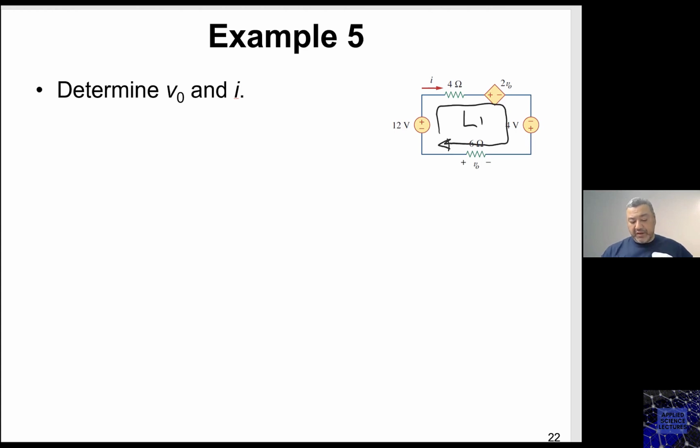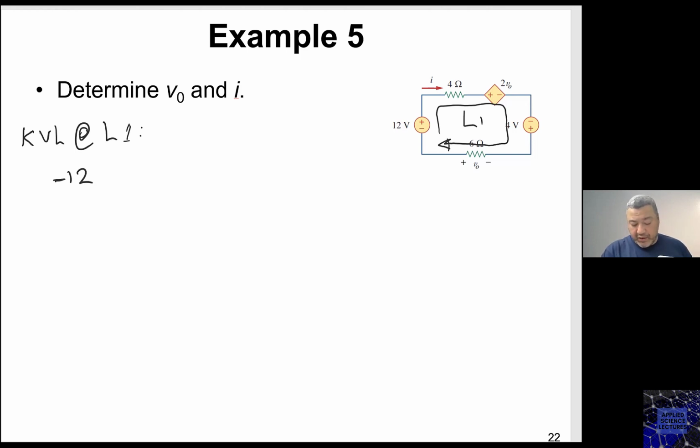So if I take my L1 to be clockwise, as you can see here, now I can write the KVL equation based on the convention that I have talked about earlier. So KVL at L1, in this case, what do I have? I have this L1 entering the negative terminal of the 12 volts, so I will write it as minus 12.